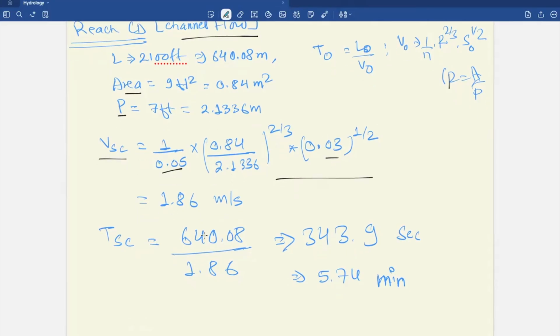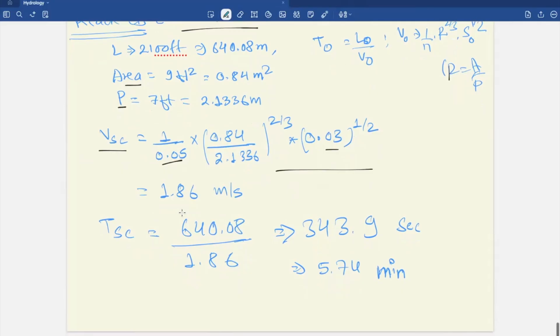So we get our velocity as 1.86 meters per second. When we compute the time of concentration, our length is equal to 640. I convert that from feet into meters, and so we will have 343.9 seconds, and when we convert that into minutes, it will be 5.74.